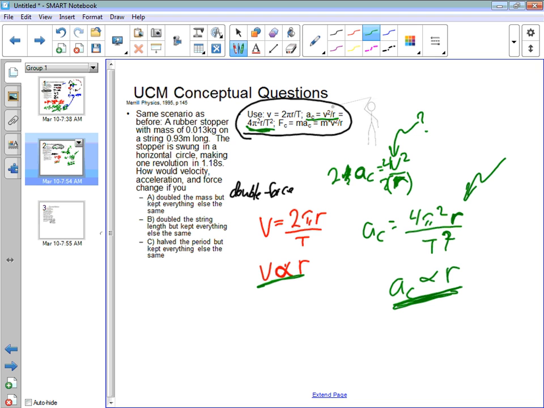Okay, and then finally, what about the force? Well, force is pretty straightforward. As long as you're not changing the mass, it's going to go along with the acceleration. So if we doubled the acceleration, then we'll have to have also doubled the force.